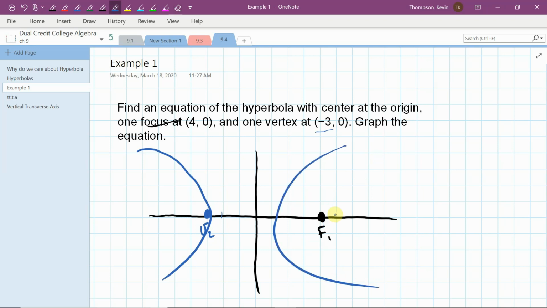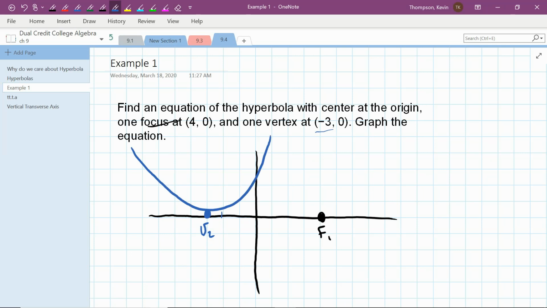And the reason, remember, is that the focus is always on the inside of the shape. So there's no other way to draw this so that the focus is on the inside. I can't draw a hyperbola going up where that point (-3, 0) is the vertex. It doesn't even really make sense. There's no way to really draw that. So this has to be a hyperbola opening left and right.